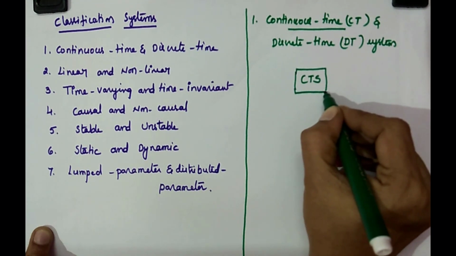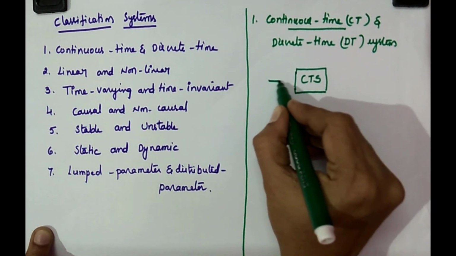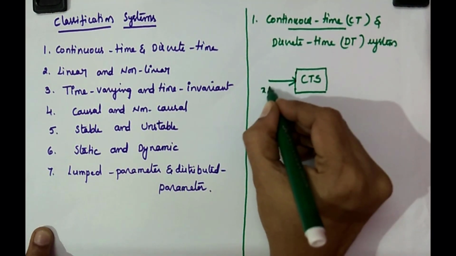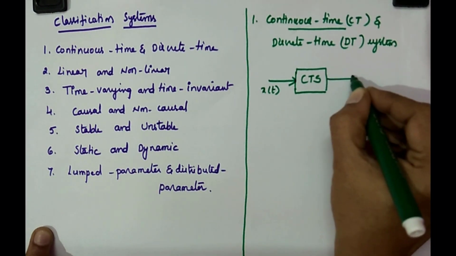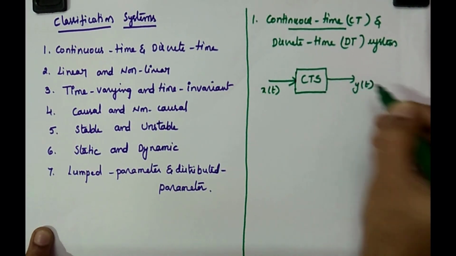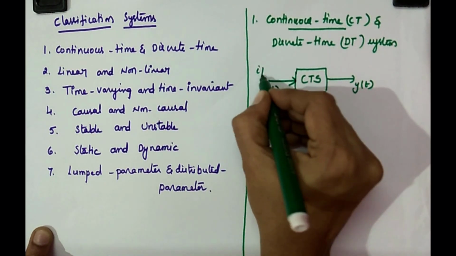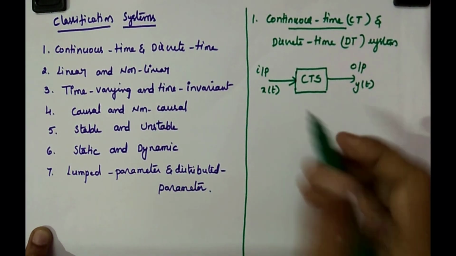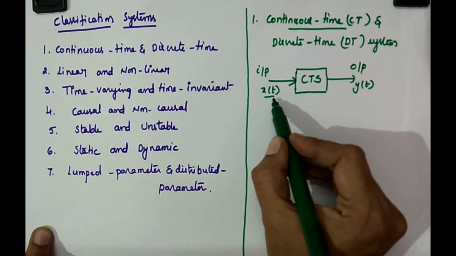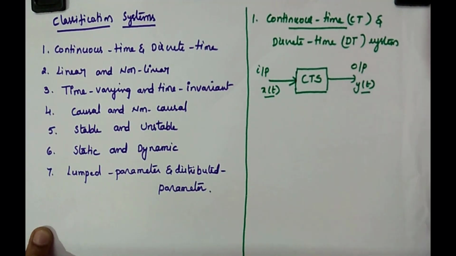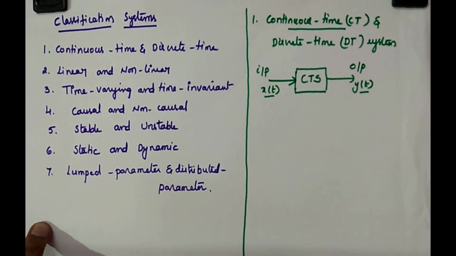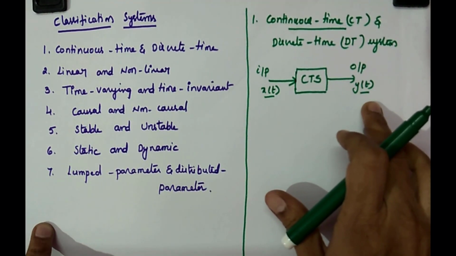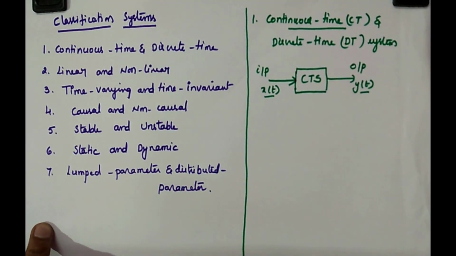For the continuous time system, the input is a continuous time signal and the output is also a continuous time signal. You know, x of t is the representation for continuous input signal and y of t is the representation for continuous output signal. So if a system takes the continuous input and gives out the continuous output, the system is said to be continuous time system.